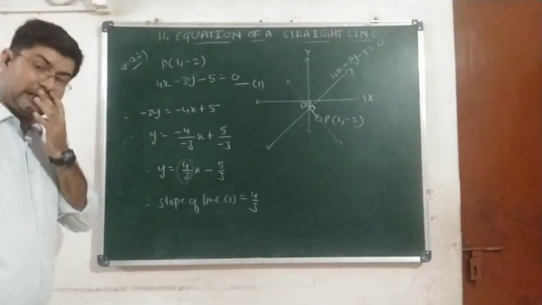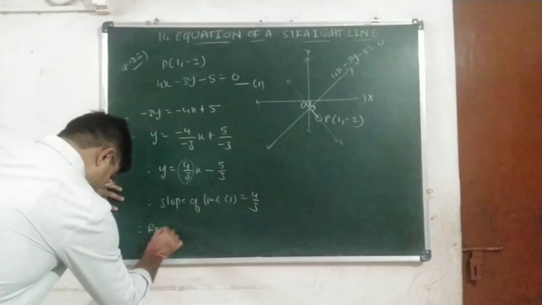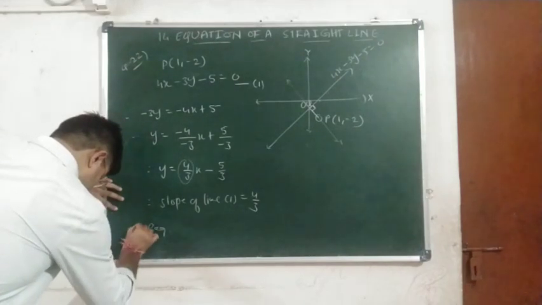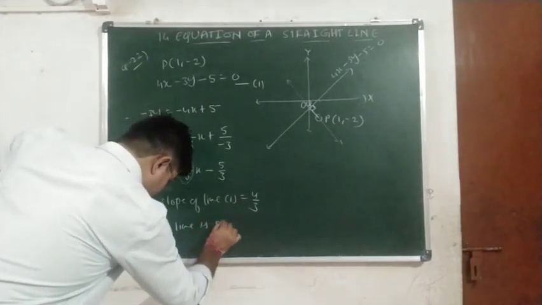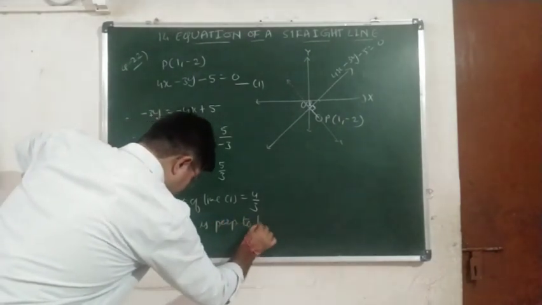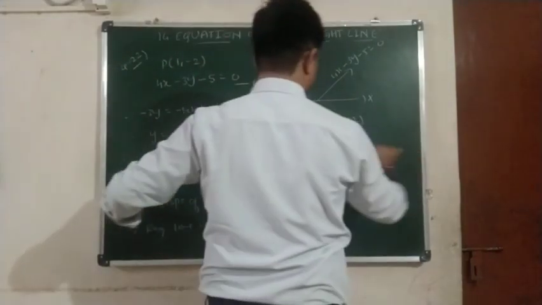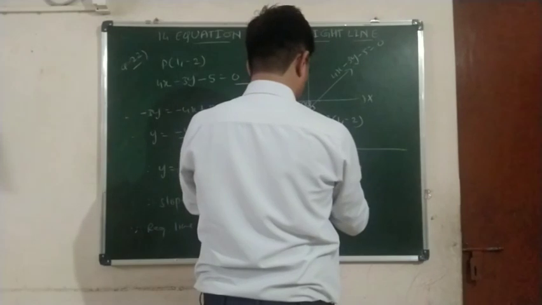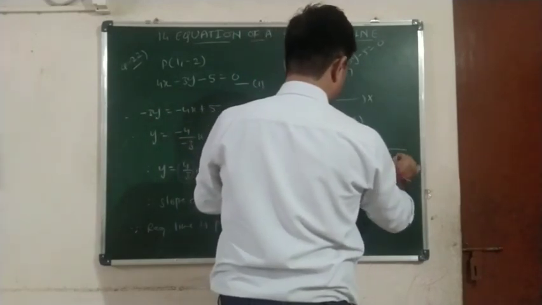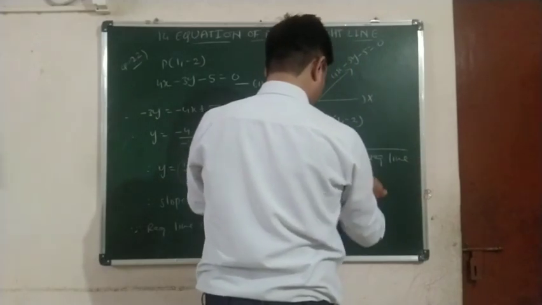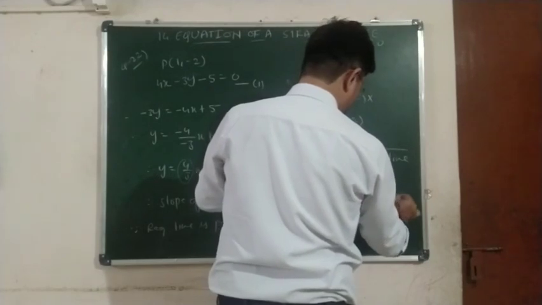Now we write that the required line is perpendicular to line 1, and therefore the slope of the required line will be -1 upon the slope of line 1, the given line.